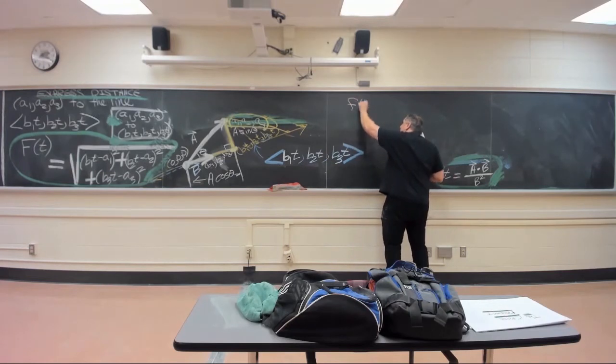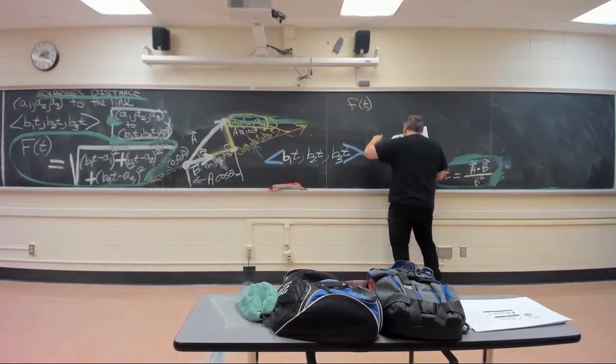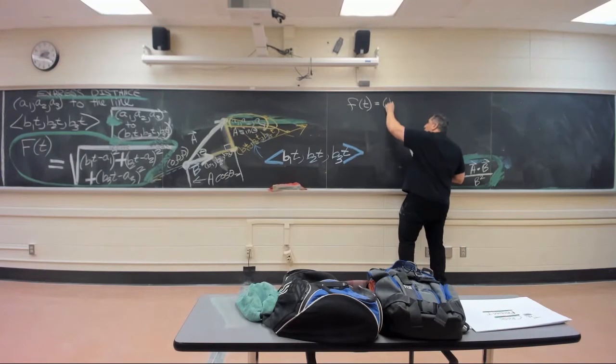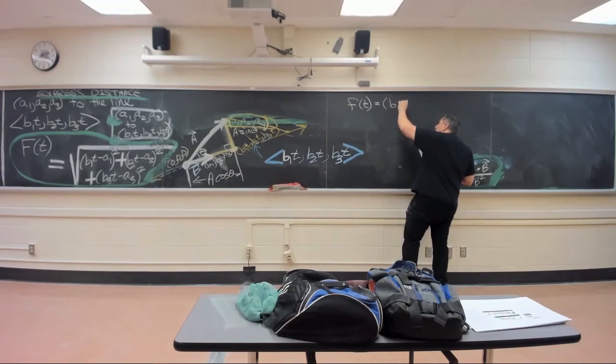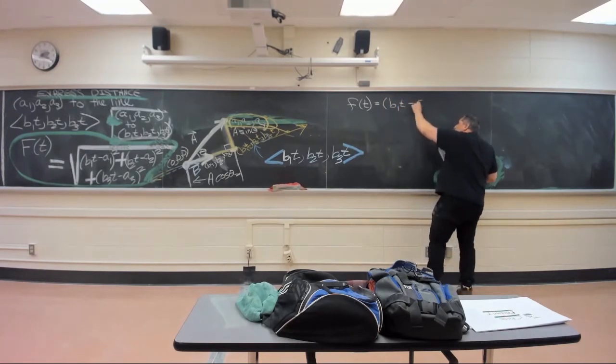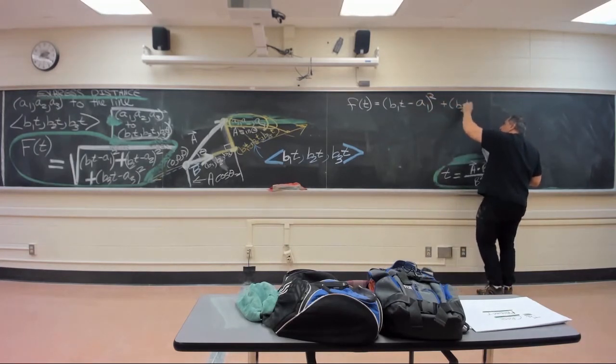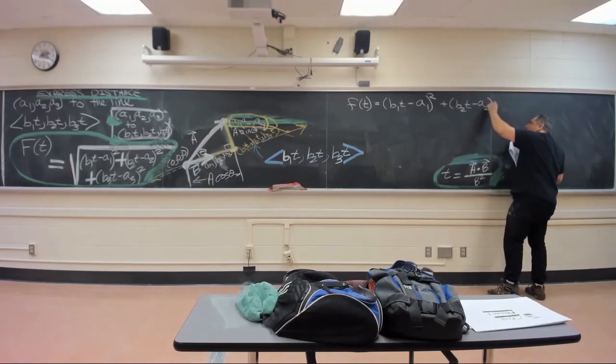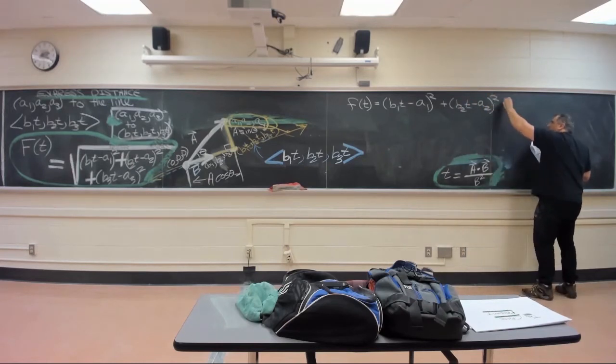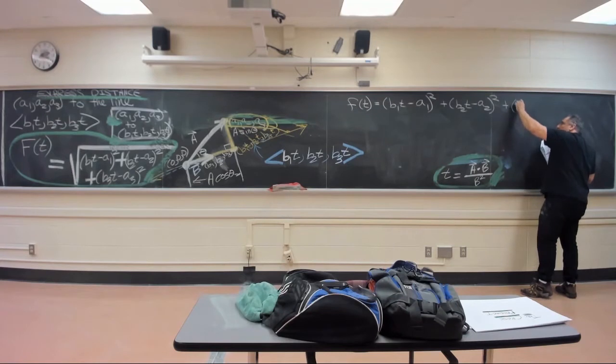How about small f of t equals b1t minus a1 squared plus b2t minus a2 squared plus b3t minus a3 squared.